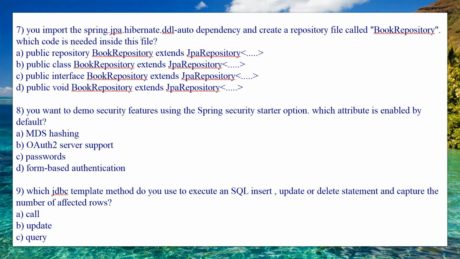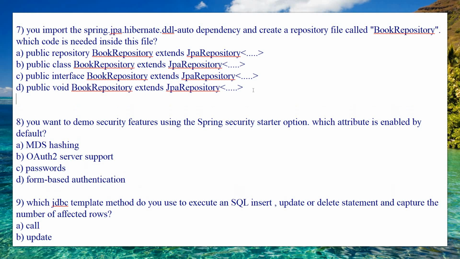When you want to create a repository, you cannot use repository, you cannot use class, and you cannot use void. The remaining option is interface, which is used to create a repository. So public interface BookRepository, which should extend JpaRepository. So the correct answer for the 7th question is option C.